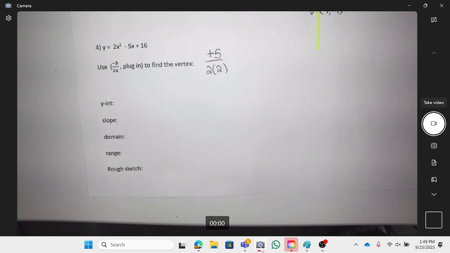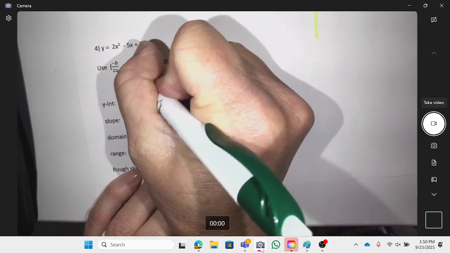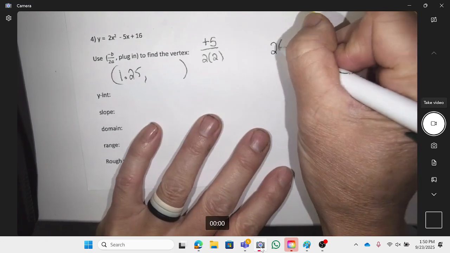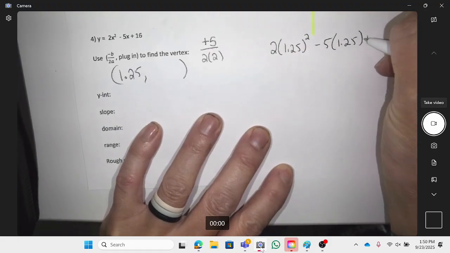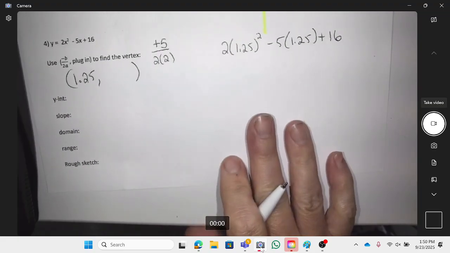It's a decimal. 1.25. Okay. What am I doing? I'm doing that. That's called a plug-in, right?